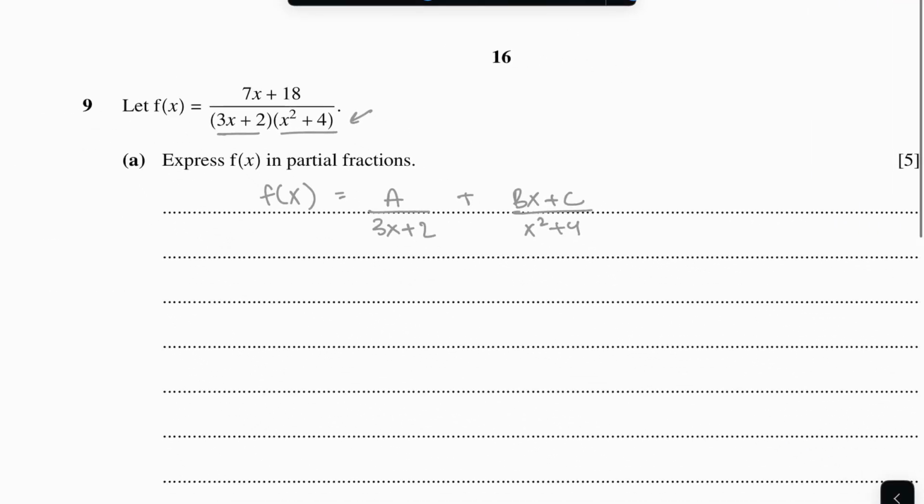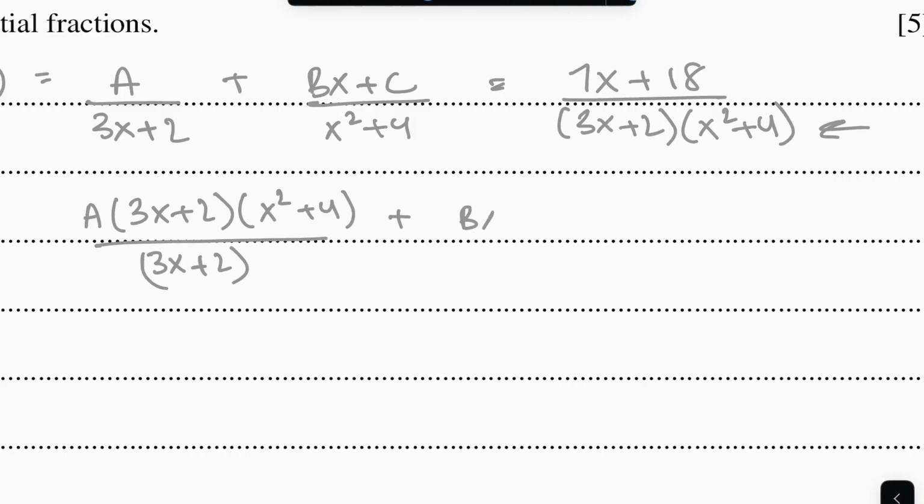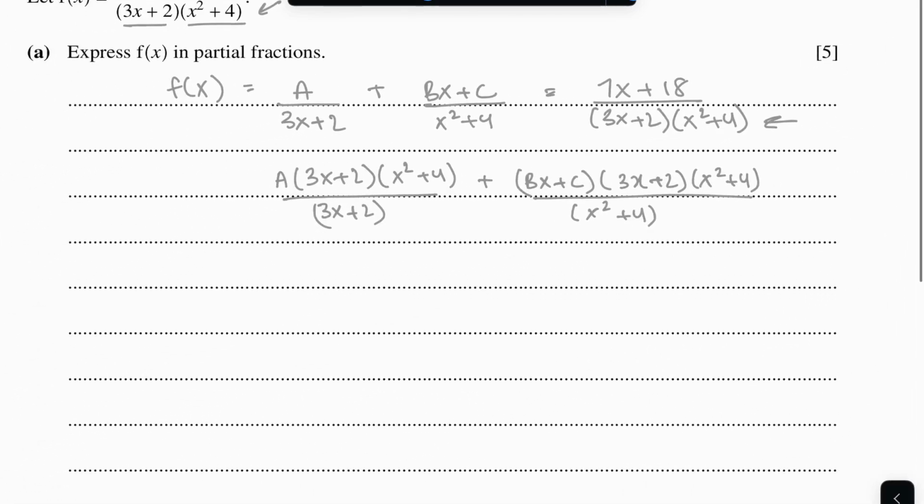And we have been told that it equals 7x plus 18 over 3x plus 2 multiplied by x squared plus 4. Now, let's rearrange this. If we multiply this entire denominator to the other side, we would have a times 3x plus 2 times x squared plus 4 over 3x plus 2, plus bx plus c times 3x plus 2 times x squared plus 4 over x squared plus 4 equals the same thing.